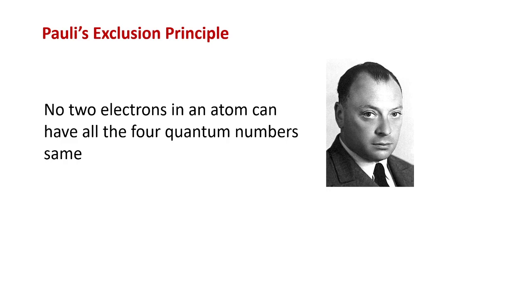And this was first explained by Pauli, and this principle is what we call Pauli's exclusion principle. According to this principle, no two electrons in an atom can have all the 4 quantum numbers the same. Hence, every electron has its own address, its own set of quantum numbers through which we can know more about electrons in an atom.